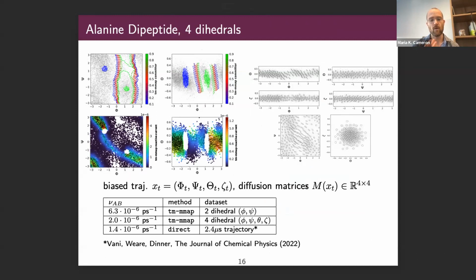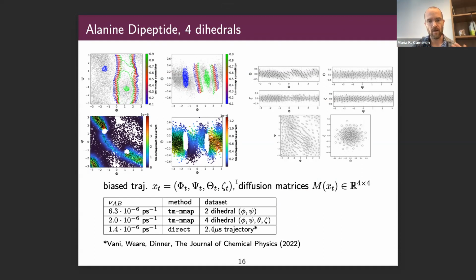Likewise, when we look at the 4-variable case, which is again moving out of this regime where we can test against the finite element method, we are looking at what I'd shown earlier, that if we have 4 variables for the CVs and we solve for the committor using our method, we can project this onto different pairs of dihedrals to visualize this.